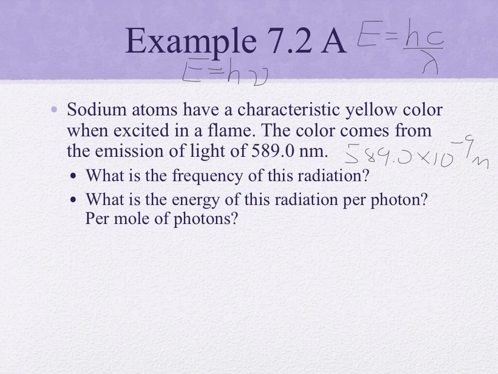What is the frequency of this light? Well, 3.0 times 10 to the 8th divided by the wavelength. I'll put this in standard scientific notation, 5.89 times 10 to the negative 7th meters.